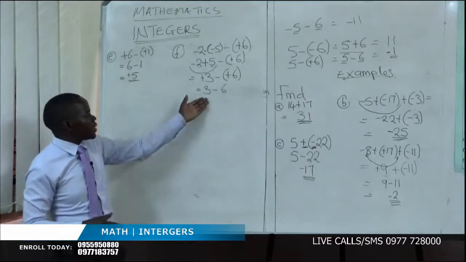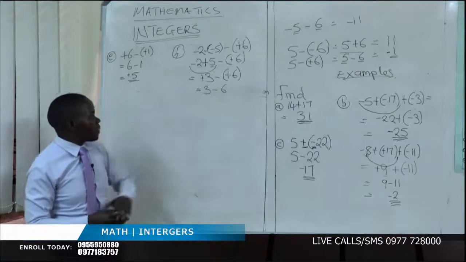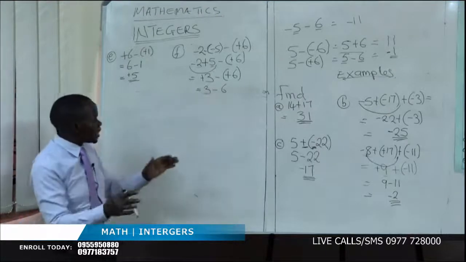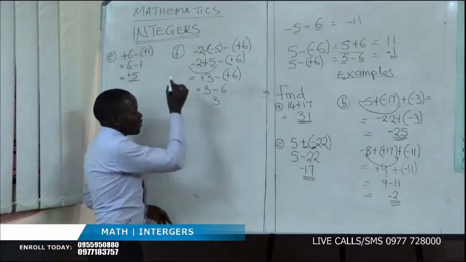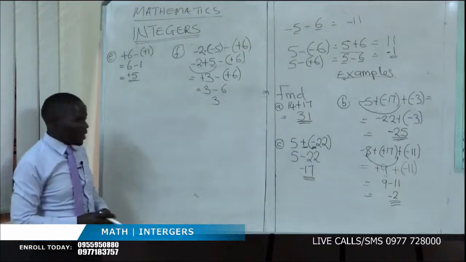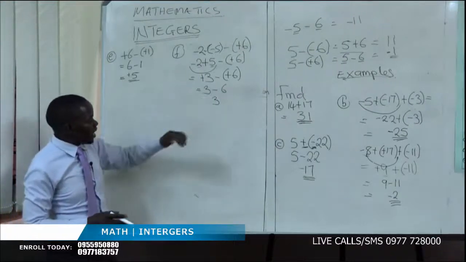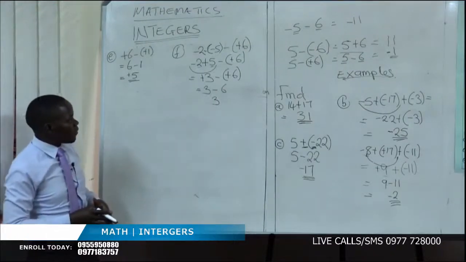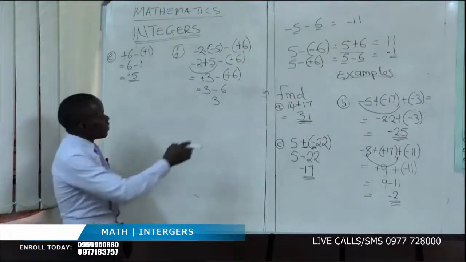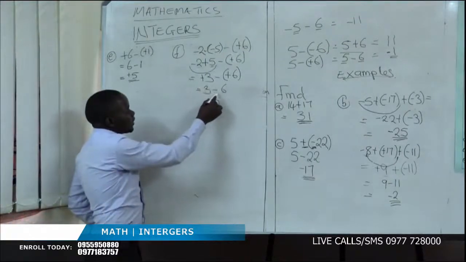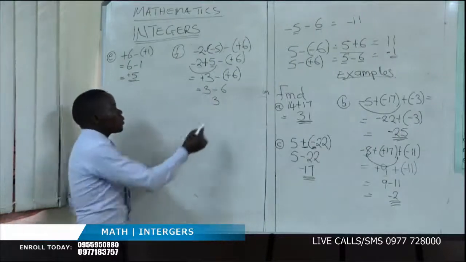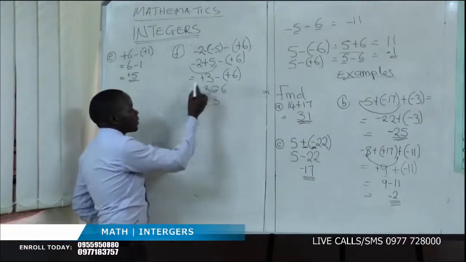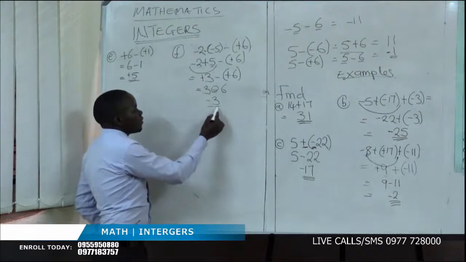So let's just subtract it. Normally, 6 minus 3 gives 3. After subtracting, which side has got the bigger number? 6 has got negative, 3 has got positive. Therefore, we will carry this sign, which is negative.